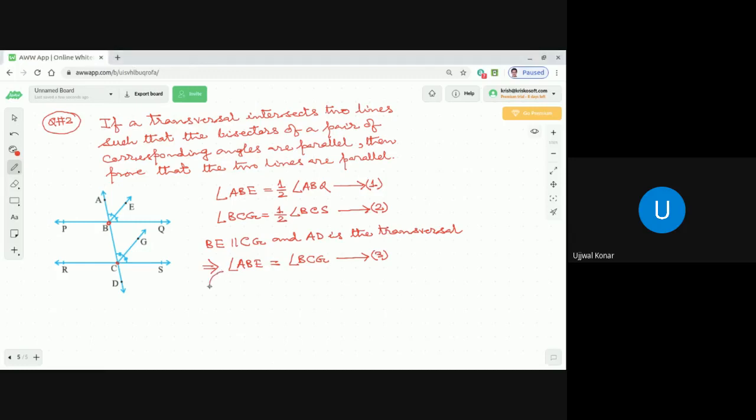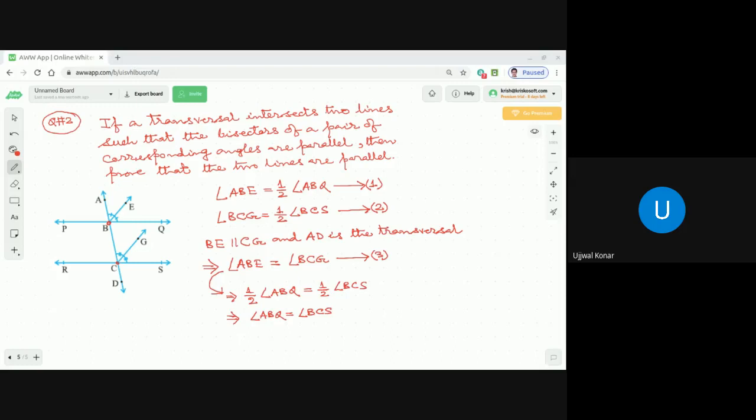From equation 3 only we can write it down. This implies half of angle ABQ is equal to half of angle BCS. So from here we can write that angle ABQ is equal to angle BCS. Correct, dear students? Absolutely clear?